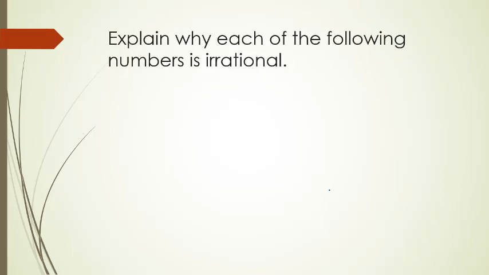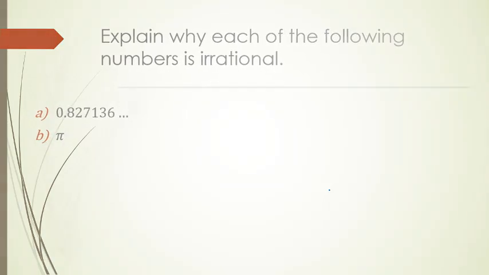Explain why each of the following numbers is irrational. For instance, this one, 0.827136, and that means there are more digits. And pi, let's see, pi, sorry. Let's see the solution.